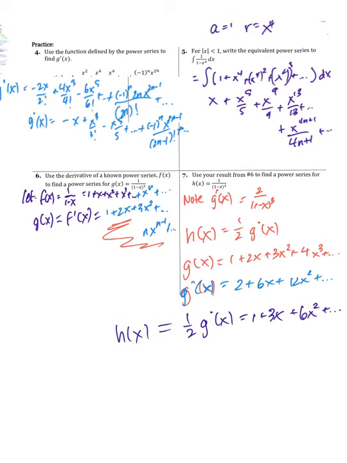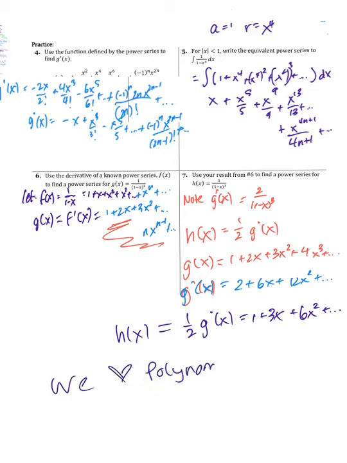So, key things in this section, 7.4 part 2, using this idea of a power series and taking what we know about a power series to relate it to different functions. A big idea in this particular section was the fact that we can integrate and differentiate a power series in the same way that we integrate and differentiate a polynomial using the power rule, which is incredibly helpful because, again, we love polynomials.